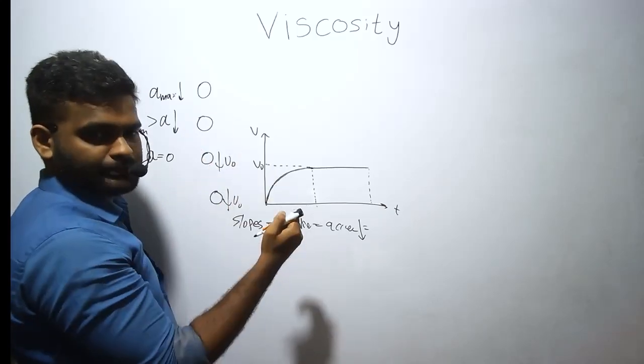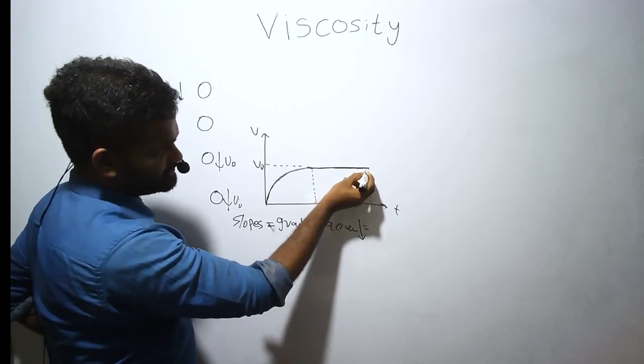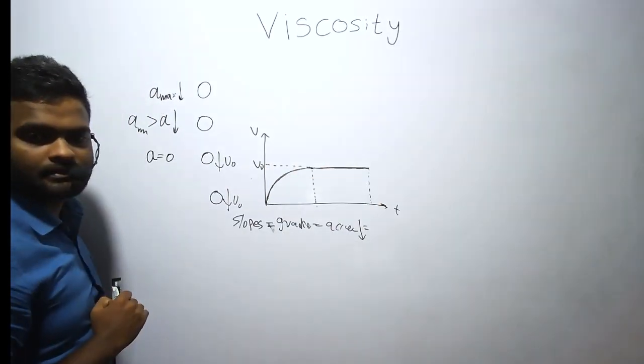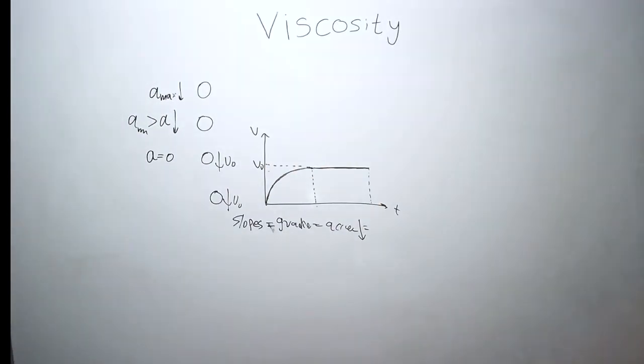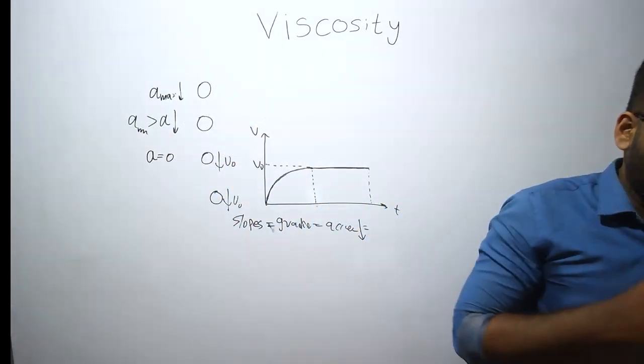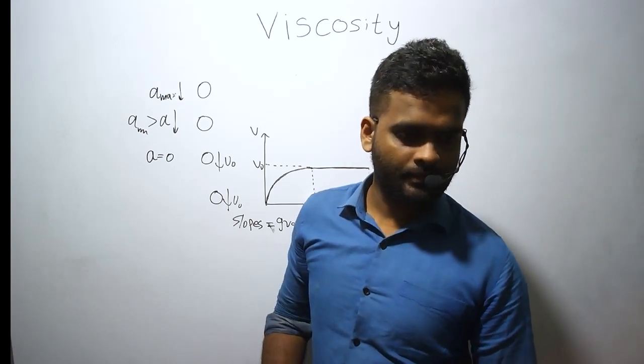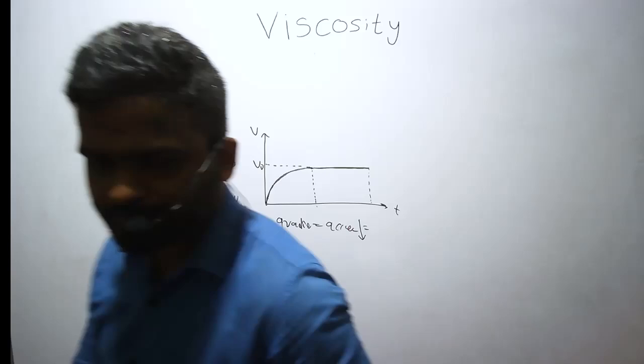Once it gains terminal velocity, then it keeps moving at terminal velocity. Understood? All right, okay.